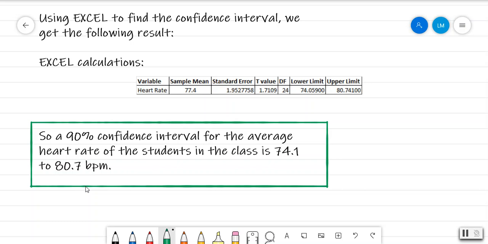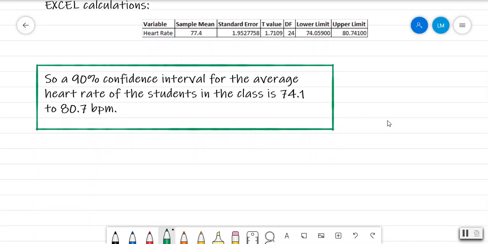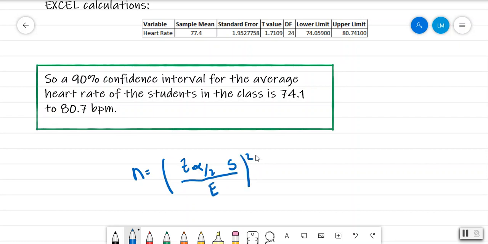Now, what you can do is look at different examples where you use the sample size. Remember that the sample size is basically using the critical z multiplied by the standard deviation, s, all divided by the margin of error, and this is all squared.